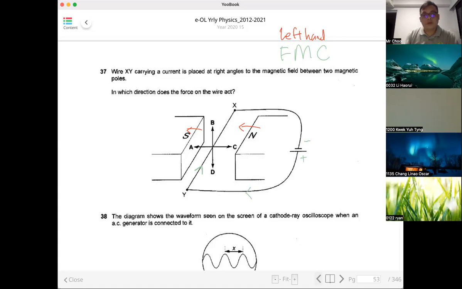Okay, so if you use your Fleming left hand rule, this is your left middle finger. This is your left index finger.